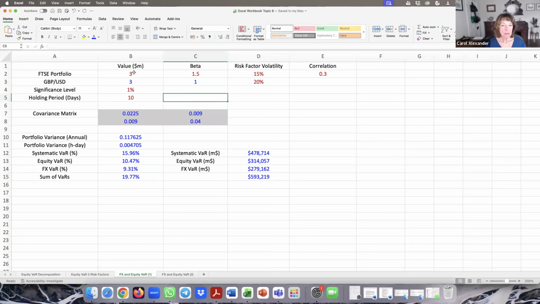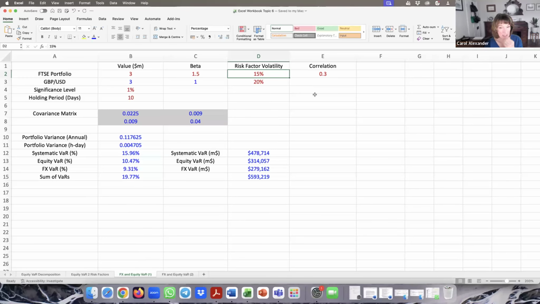Okay, so we have a US investor who has $3 million to invest in a FTSE portfolio, not the FTSE itself, but a FTSE portfolio, because the beta is not 1, it's 1.5. That's the percentage beta. And the FTSE 100 index, if you just download data and look at the returns, you can calculate its volatility or standard deviation.